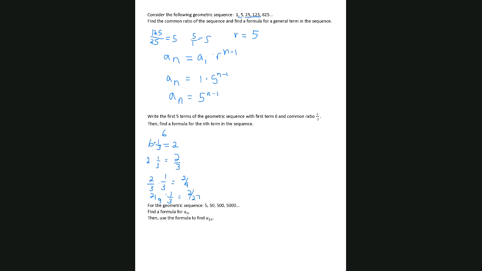So 6, 2, 2/3, 2/9, 2/27. We know the common ratio is 1/3.